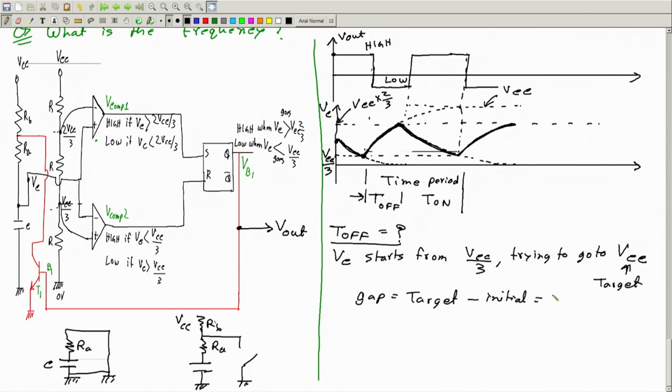This is VCC minus VCC by 3, which is the same as 2 VCC by 3. This is how much it wants to go.